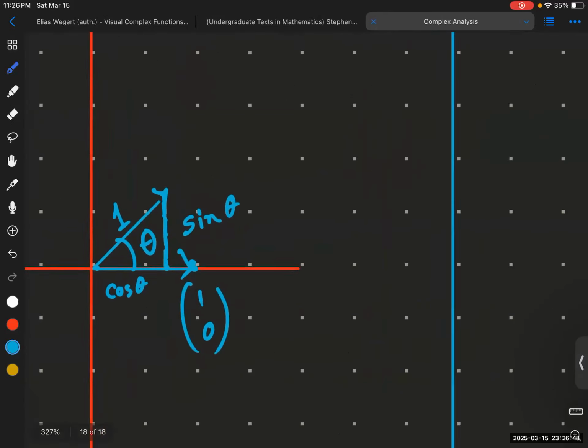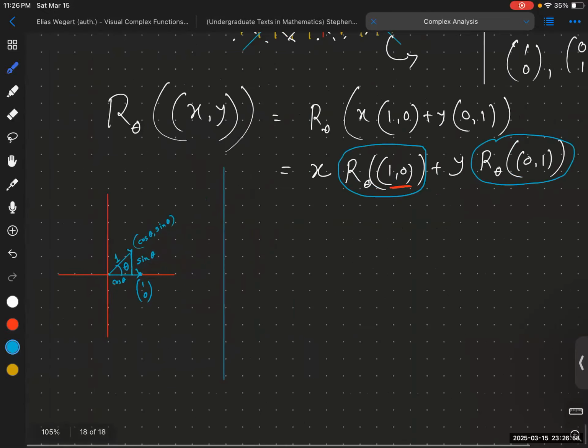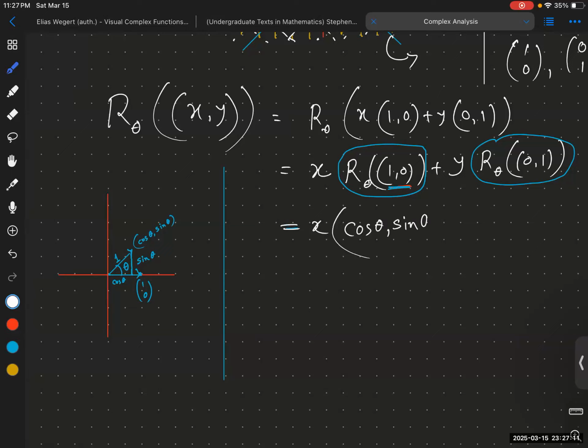So our new position of the vector is basically (cos theta, sine theta). So after rotating by an angle theta, our (1, 0) vector will transform into (cos theta, sine theta).